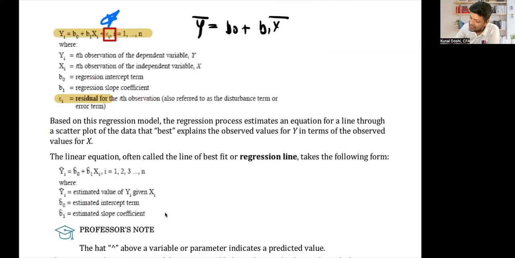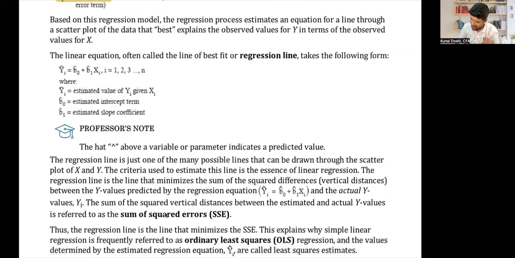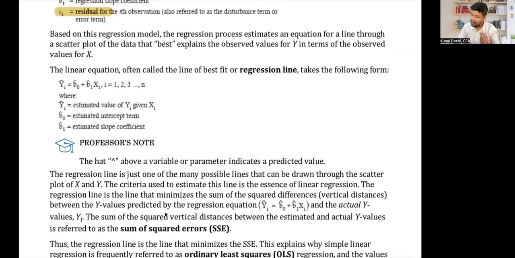Now, this error is there in the formula, like the error of the stock. Let's say this is stock I. So this is called the error of stock I. What is this error? How do we discuss it? All those things I will do one by one. But before I go ahead, the linear regression equation is often called the line of best fit or regression line. That is the other name, which we just did.